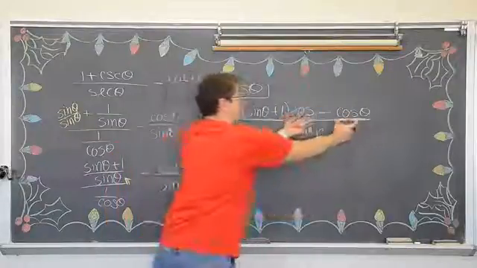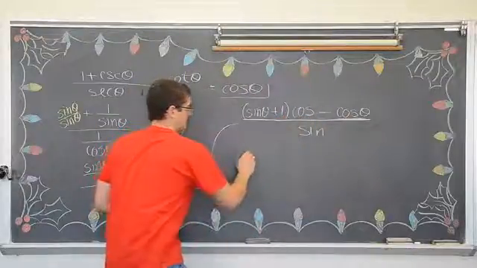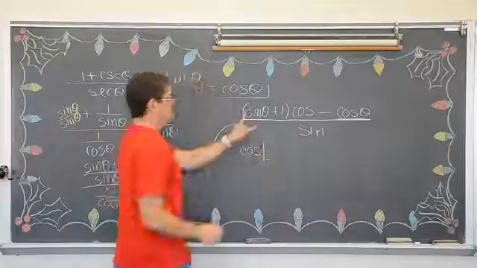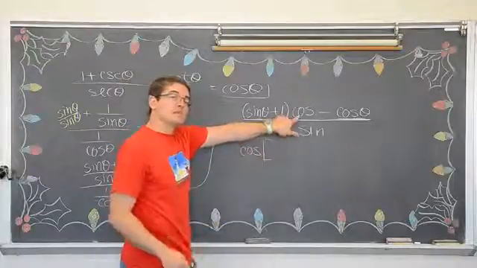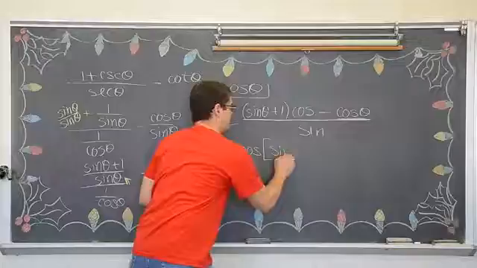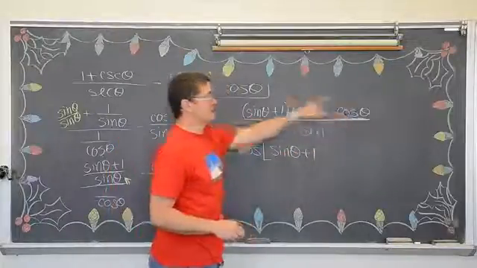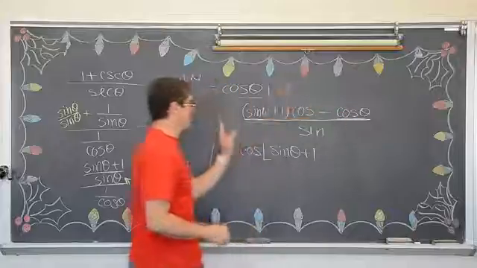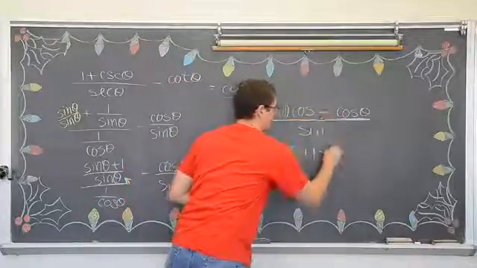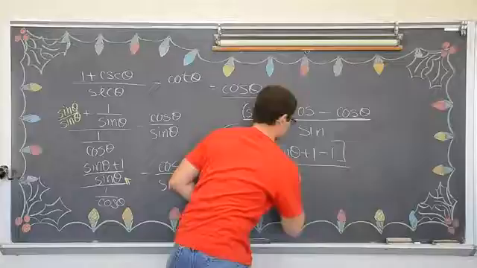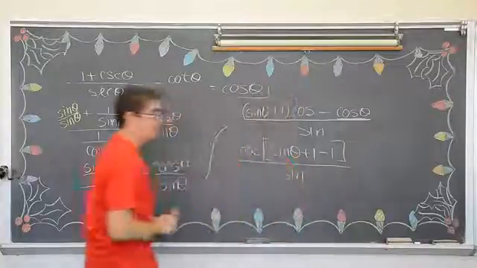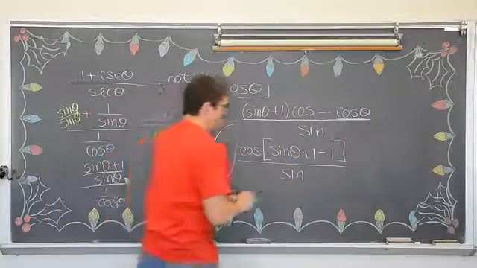So if I take that cosine and factor it out, sine plus 1 times cosine with the cosine out is going to be sine theta plus 1. And if I take the cosine out of this term, cosine divided by cosine is 1, but it's minus 1 over sine. Well, I'm running out of room, but we're also almost done.